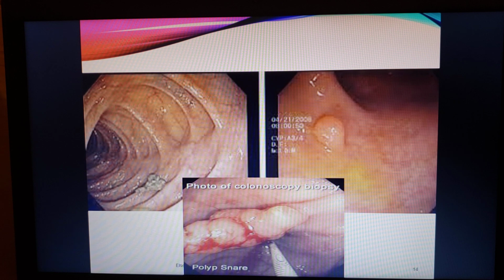I want to talk about prepping patients for diagnostic procedures of the GI tract. This picture here shows a colonoscopy, and there's a lot of prep for diagnostic procedures.